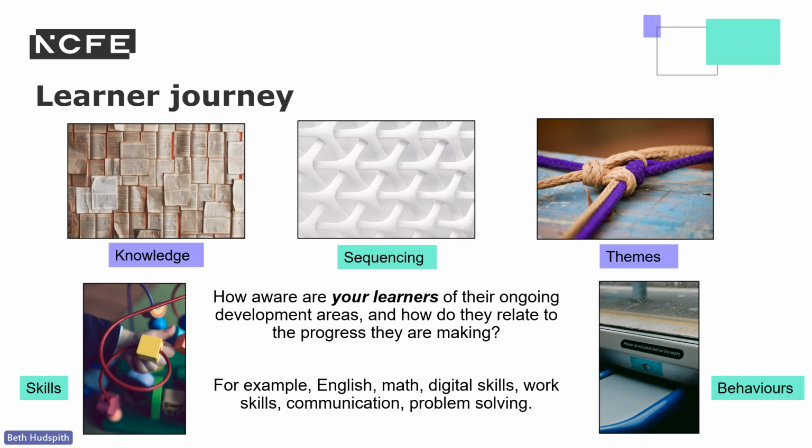So we've added some of the areas which might be important to include here too, but this list is not exhaustive and would need to be individualised for each of your learners. So subject-specific knowledge, English, maths and digital skills, work industry skills, communication skills, analytical and evaluative skills, and other problem solving, adaptability, professionalism, and so on.